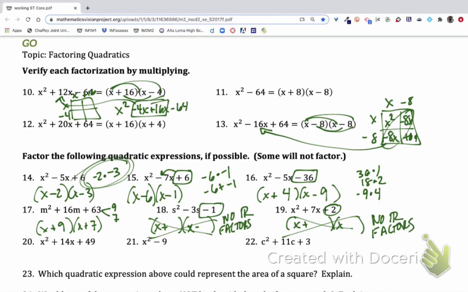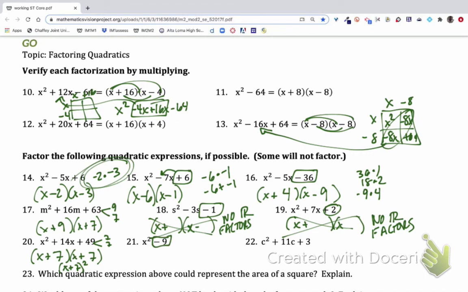For number 20, two numbers that multiply to get 49 and add to get 14. We know it's going to be two positive numbers because of the addition there. And 7 and 7, so x plus 7 times x plus 7, or you could write it as x plus 7 squared. This one here, we've got x squared minus 9, but there's nothing else in the middle.